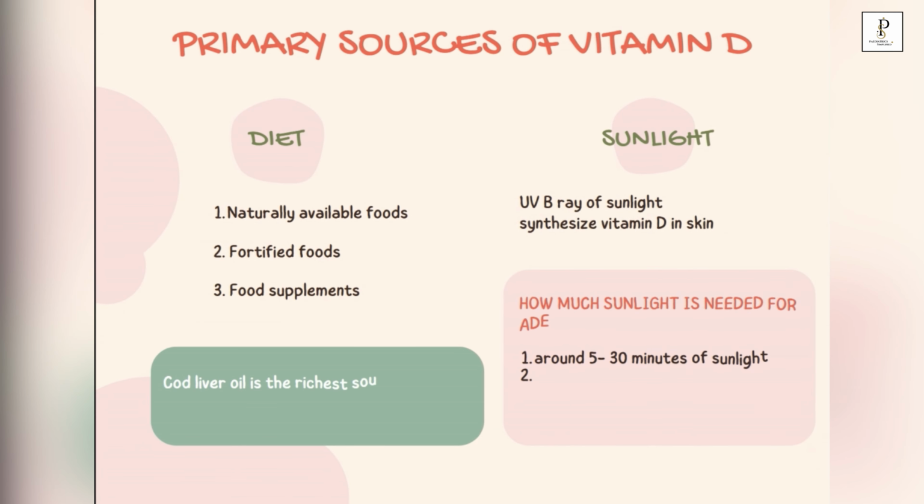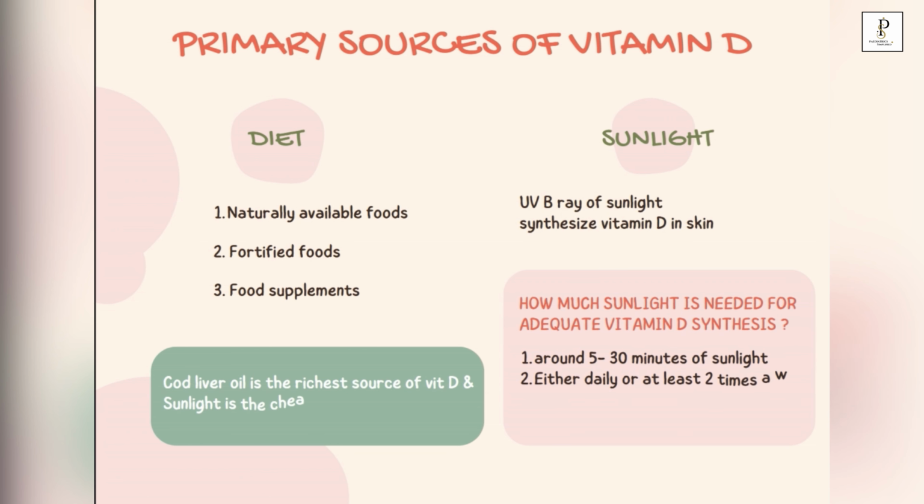Primary sources of vitamin D. There are 2 primary sources of vitamin D. One is diet and another is sunlight. In the diet, vitamin D can be present in naturally available foods, in fortified foods, or as food supplements. Through sunlight, we get vitamin D when UVB rays of sunlight fall on the skin of an individual and it synthesizes vitamin D. So how much sunlight is needed for adequate synthesis of vitamin D inside the body?